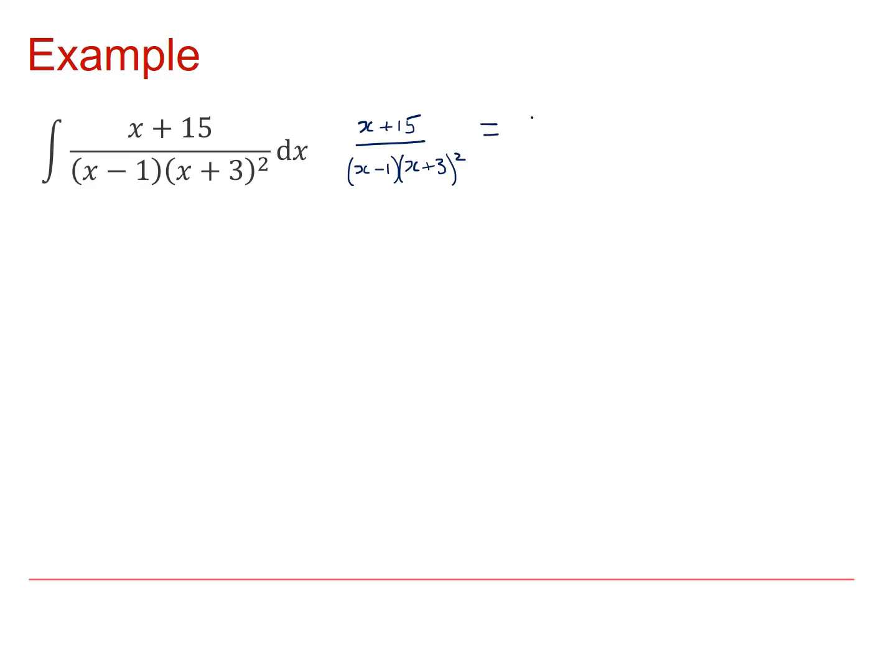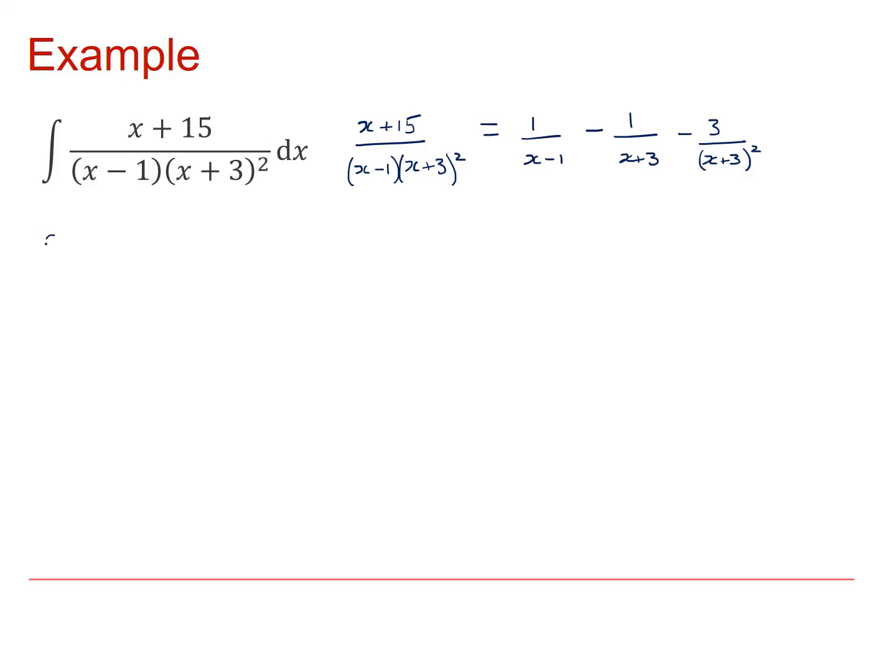That turns out to be 1 over x minus 1, minus 1 over x plus 3, minus 3 over x plus 3 squared. Remembering that because of this repeated factor on the bottom here, we end up with 2 bits in the partial fractions.